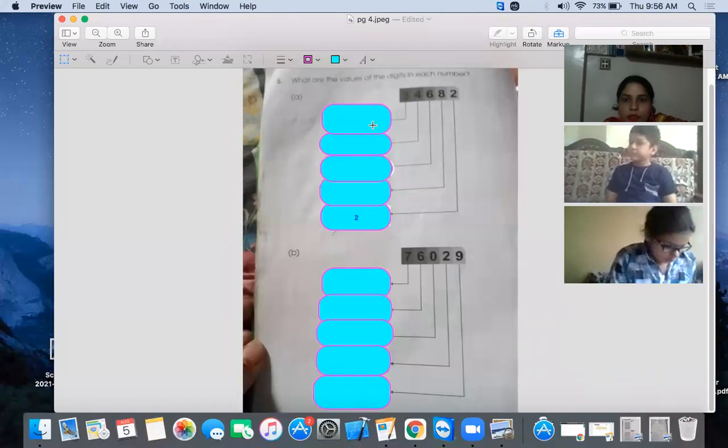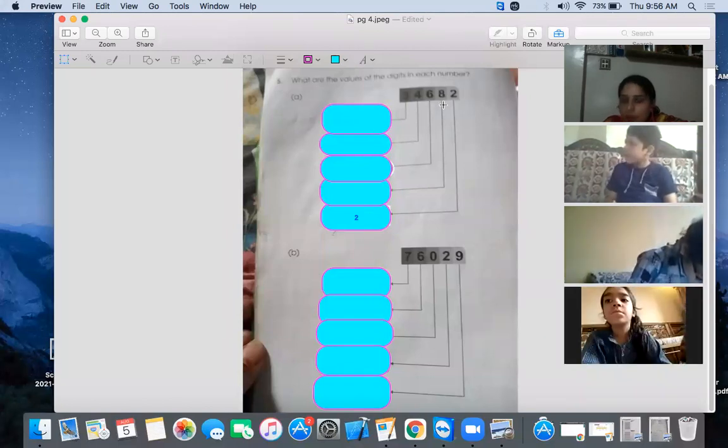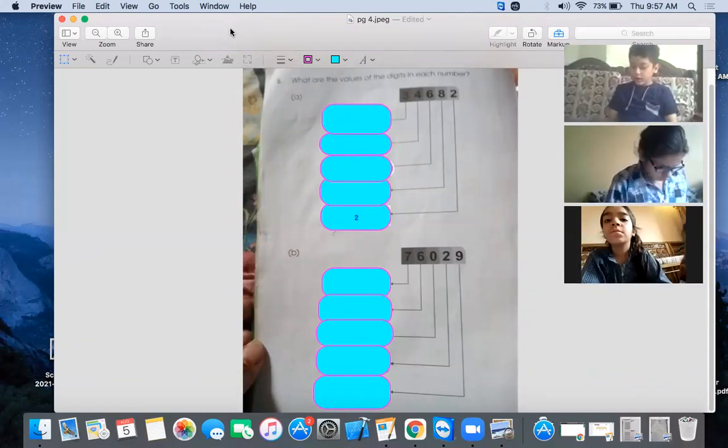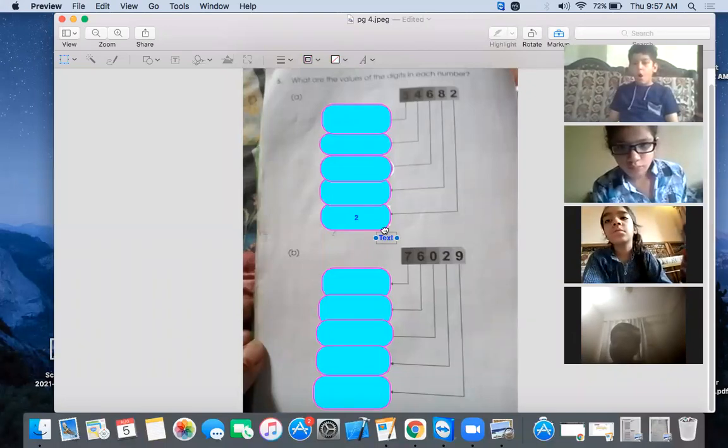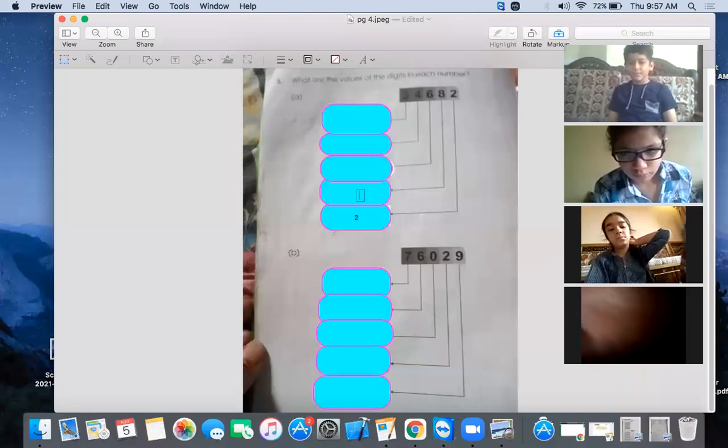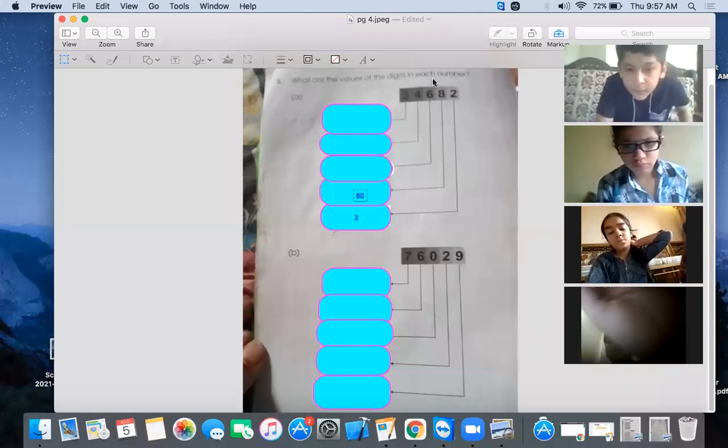Okay. Now what is the place value of 8? The place value of 8 is tens. So just write 80. How we write tens? 80. 2 digits because tens have 1 0. So 80.